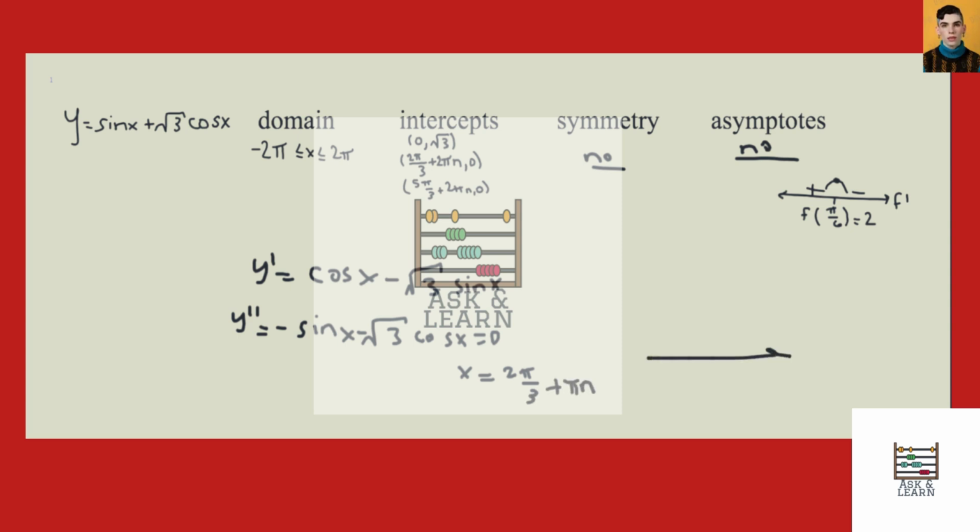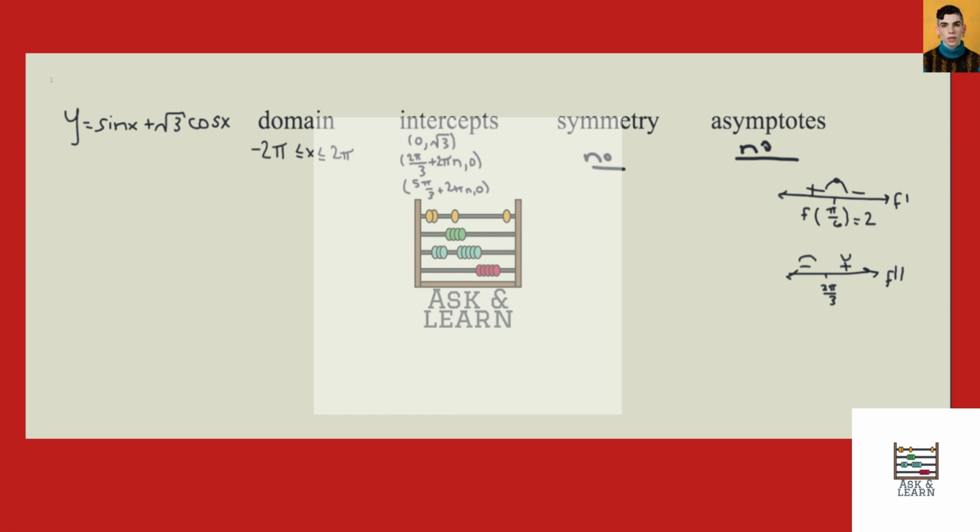Okay, so let's just look at 2 pi over 3 and test values smaller than, which will give us, this is f double prime, so we're testing into our second derivative. Smaller than 2 pi over 3 is going to give us concave down, and if it's bigger, it's going to be concave up. So this is an inflection point, a change in concavity at 2 pi over 3 plus pi n. We just showed for one. Okay, and now we can graph with what we have.